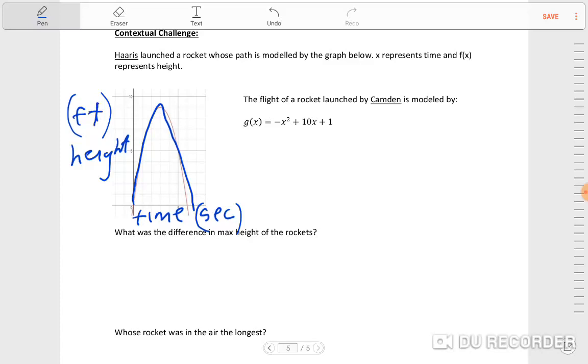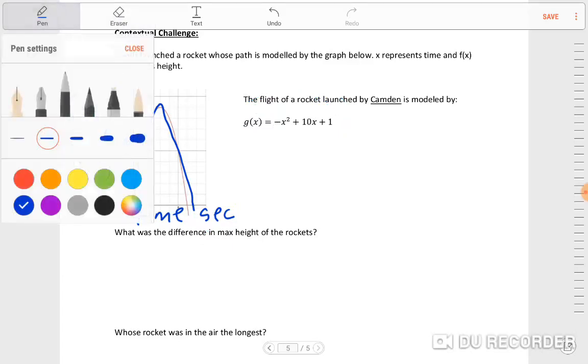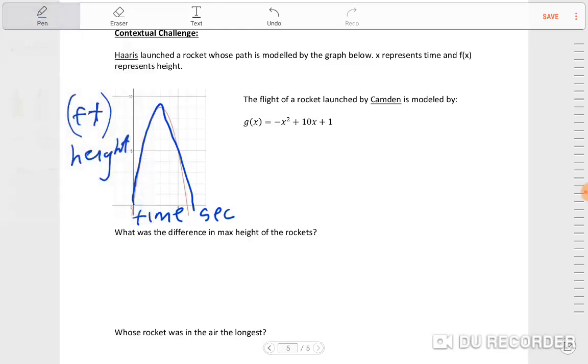Camden, he also launches rockets, but instead of giving you the graph, he gives you the equation for his rockets. So let's see, what is the difference in the max height of the rockets? Well, that means that even though we don't see the actual picture of Camden's rocket, it also followed a parabolic motion, and we want to compare how high it is.